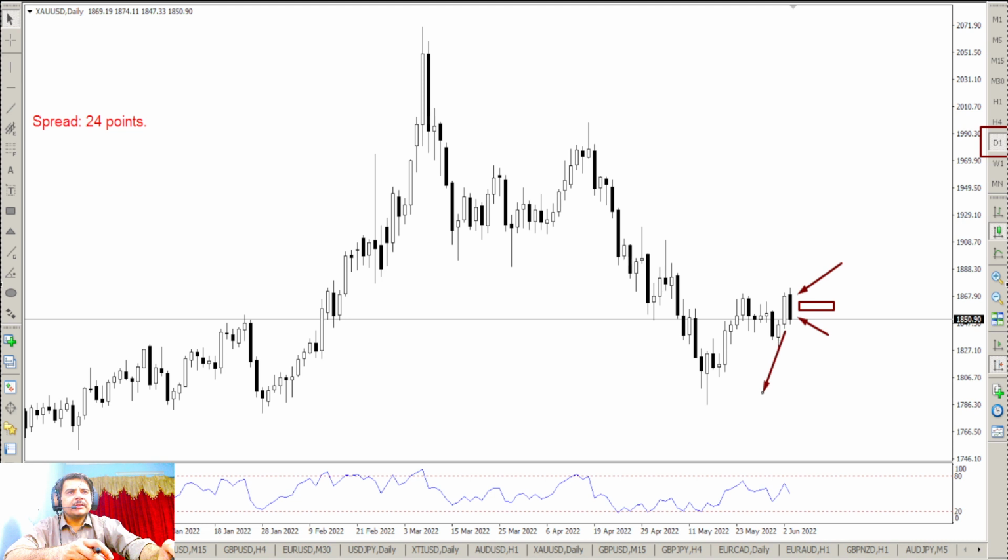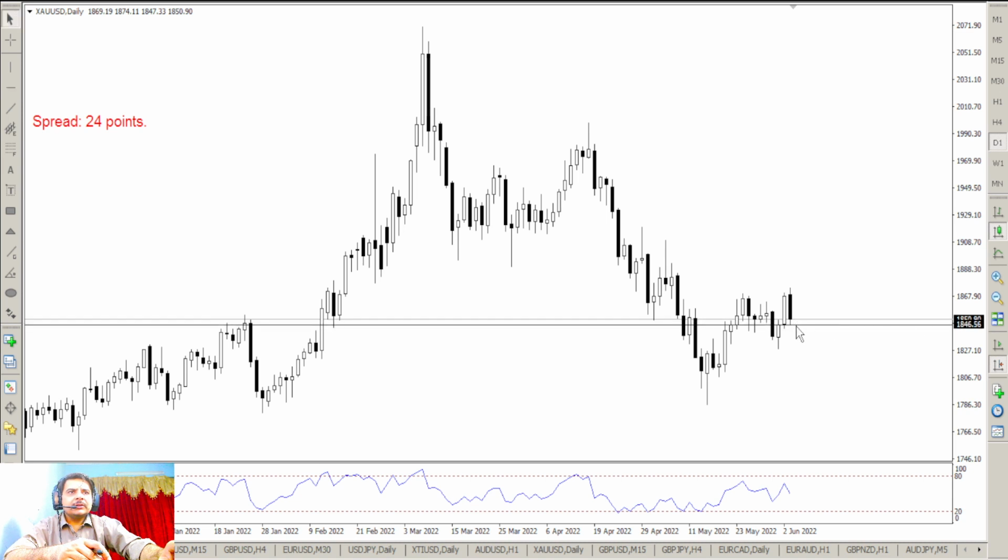But that wasn't the case, and obviously the candle closed above the low of the previous candle. So 1846.56, this was one of the levels I have discussed.